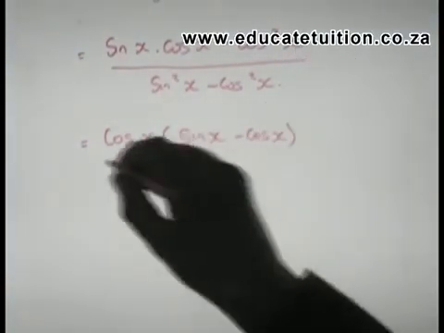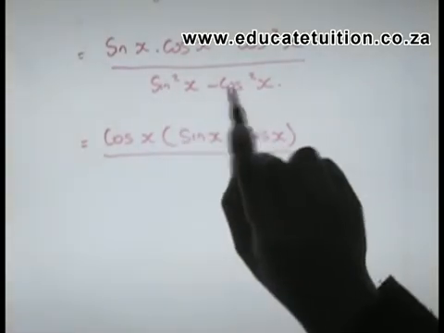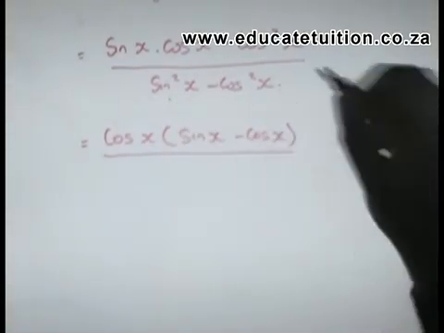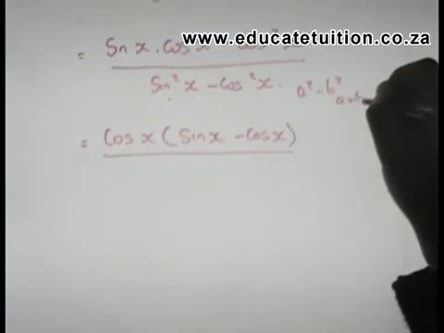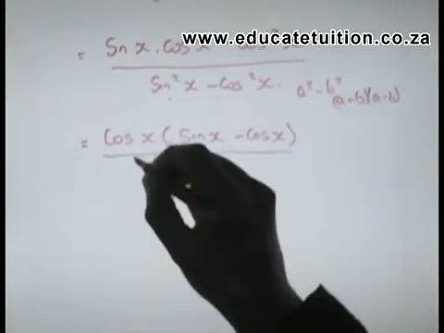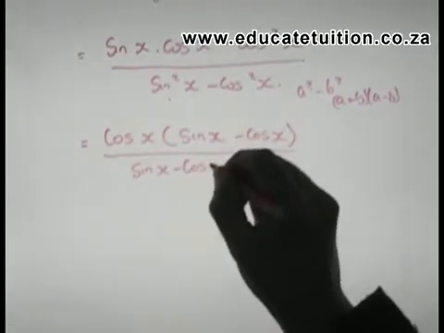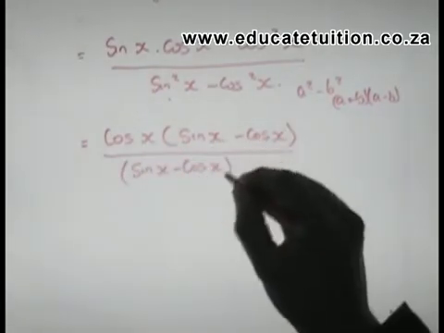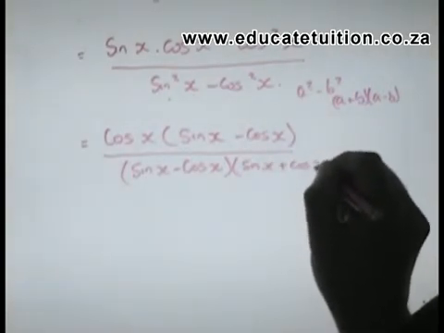At the top, look at this. Isn't this in algebra called difference of two squares? a squared minus b squared is equal to a plus b times a minus b. So this can become sine x minus cos x multiplied by sine x plus cos x.